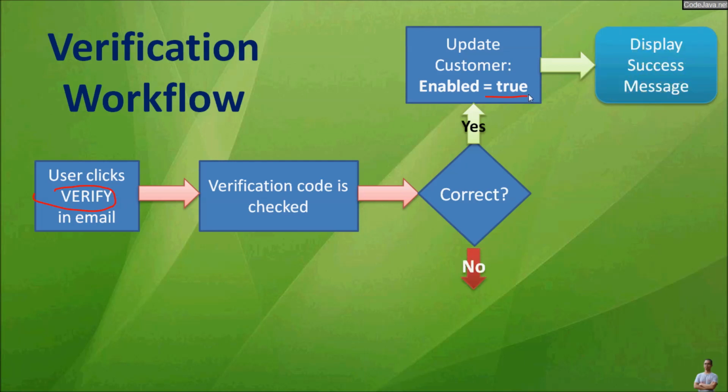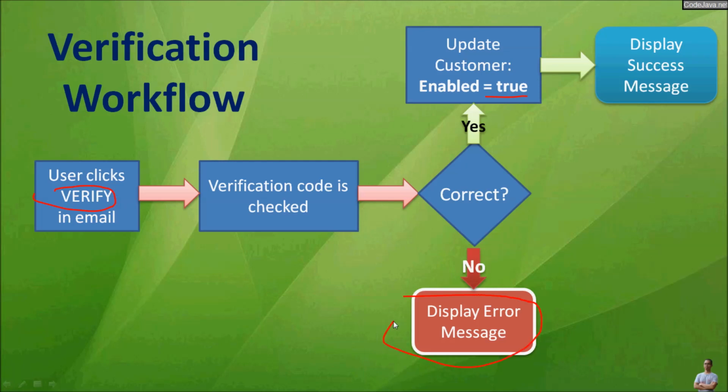Else, if the verification code is not correct, the application displays an error message. So that's a very typical verification workflow that we are going to implement in this video.